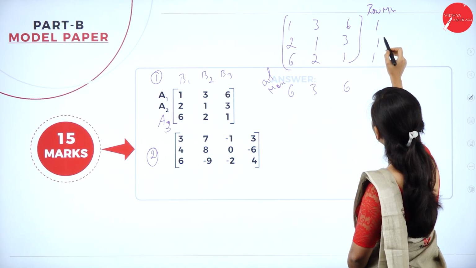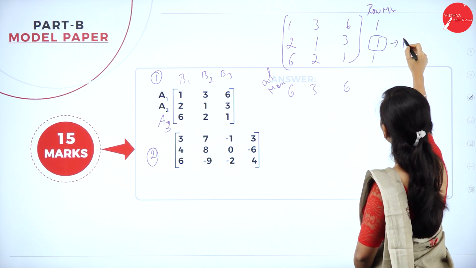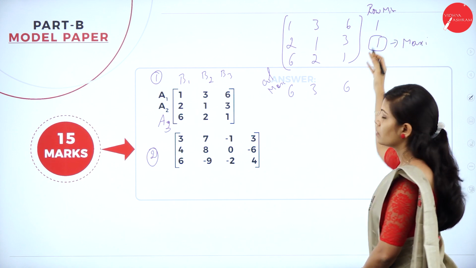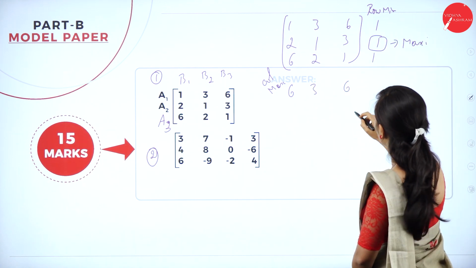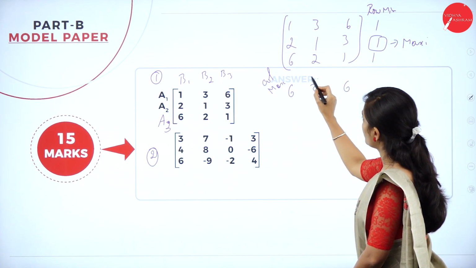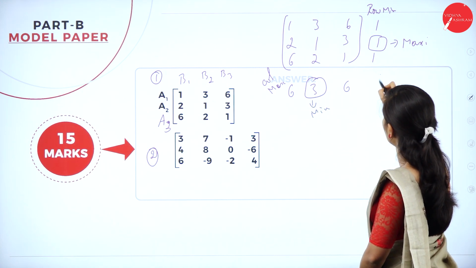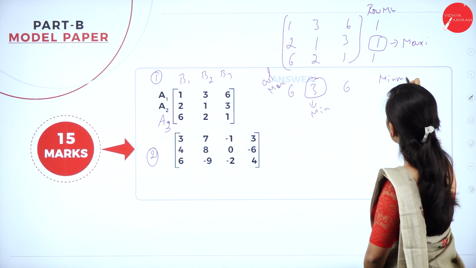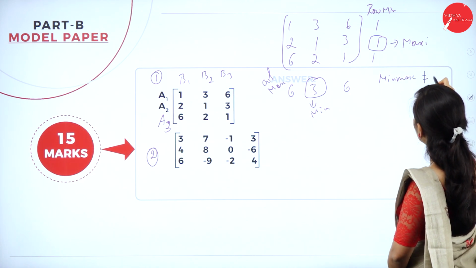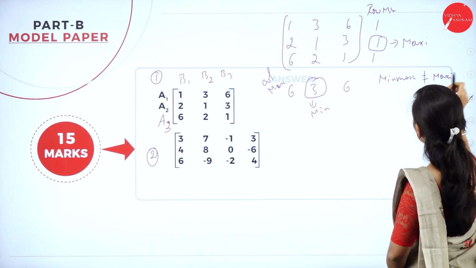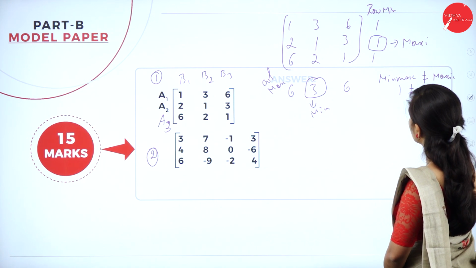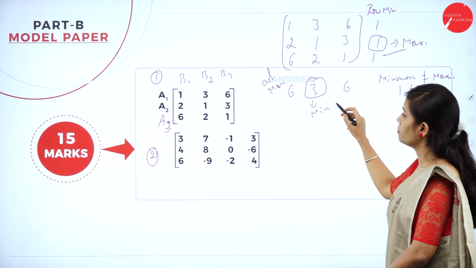In row minima, you have to find the maximum value. The maximum values are the same, it is 1 only. In column maxima, you have to find the minimax value. Is this equal? Minimax is not equal to maximin. So 1 is not equal to 3. So this is the maximin value and the minimax value.